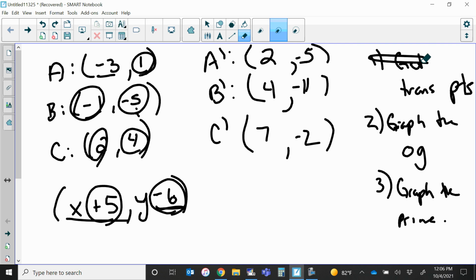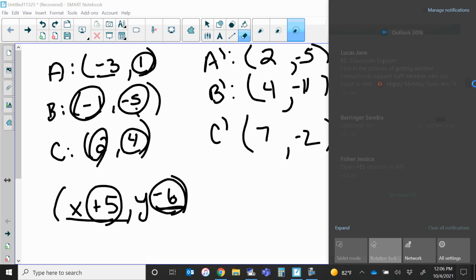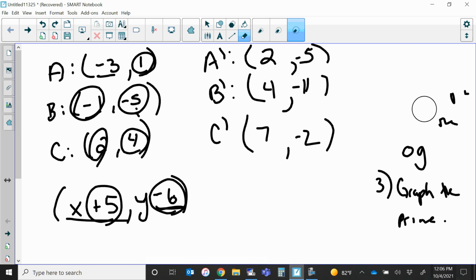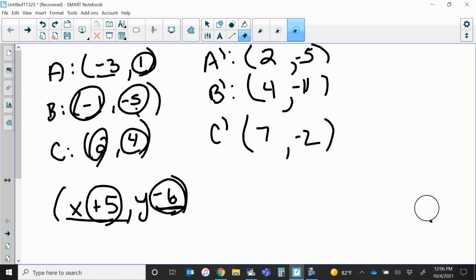And then I'm going to take my time and graph this nice and neatly. Notice I tried not to give you numbers too big. I have to go to negative 11. Nothing too bad.